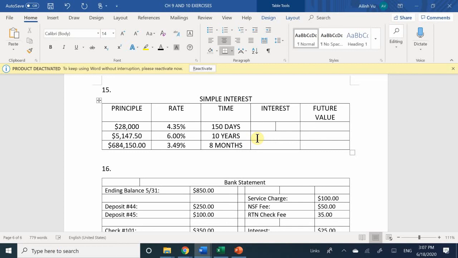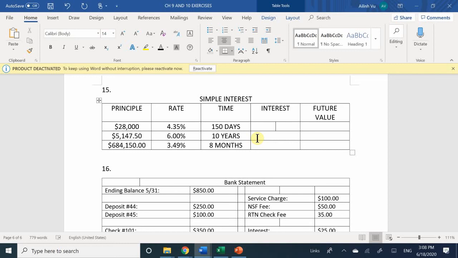So you did 0.0435, and you multiplied that by 0.416. Take 28,000 times 0.0435 times 0.416, which equals about $507.